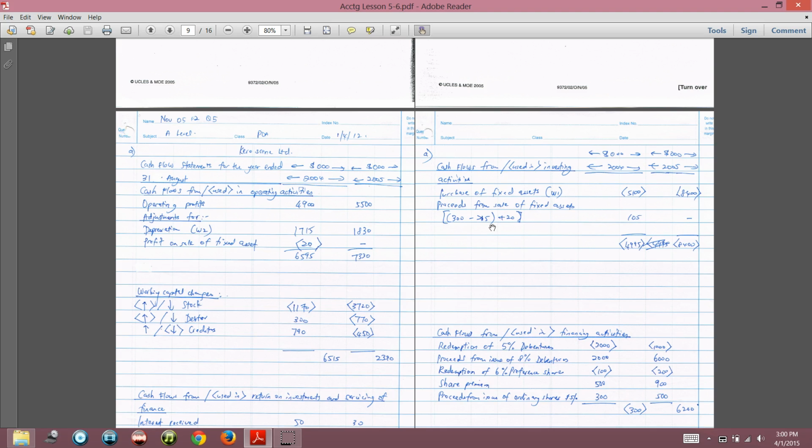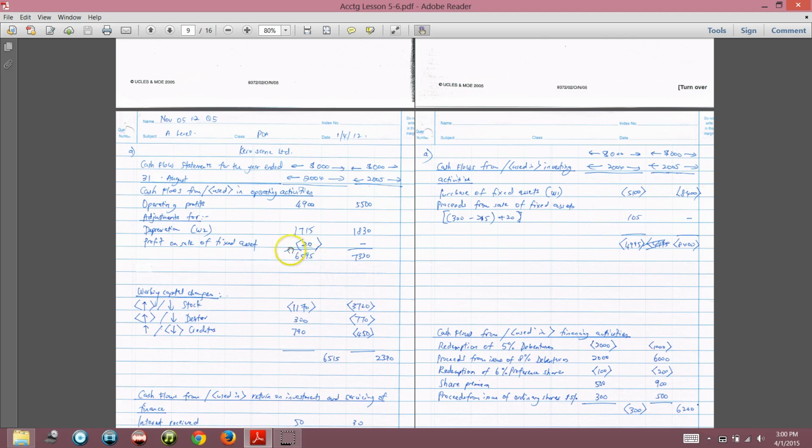But we sold it at a profit of 20,000. That means how much was the plant sold for? The net book value was 85,000, we sold it at a profit of 20,000, so the plant was sold for 105,000. So this 105,000 is money coming in. Purchase of fixed asset is money going out. That's why I put bracket. This is proceeds from sale of fixed asset, 105. So this is how I get the figure.